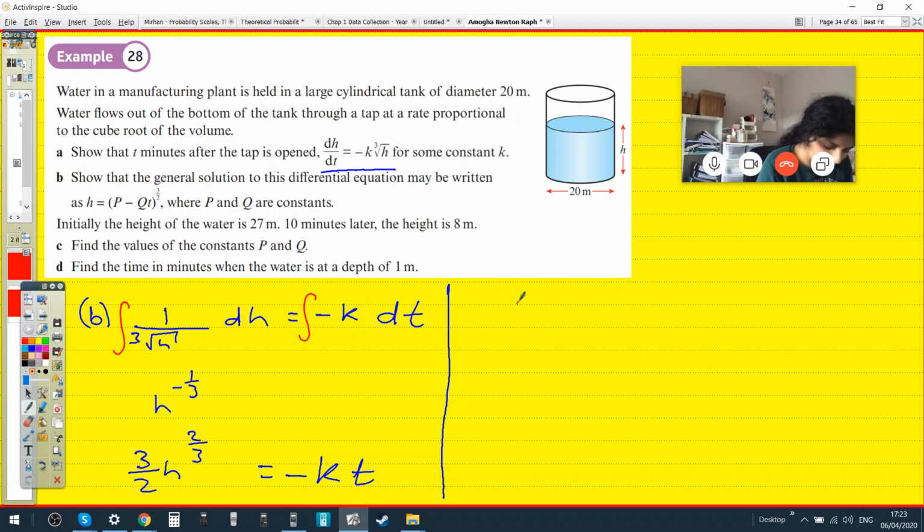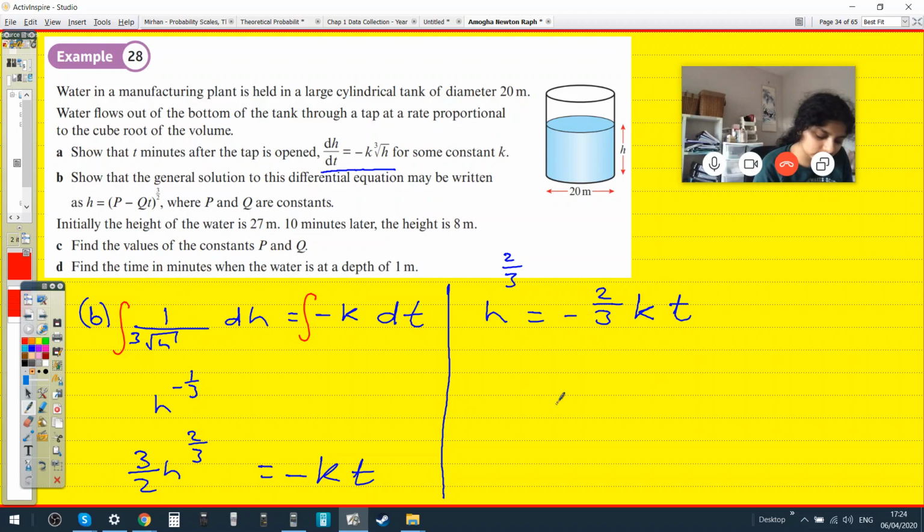So first you'd multiply by 2. So you'd have minus 2kt. And then divide by 3. Should give you minus 2/3 kt. The power of something. How do you reverse the power?